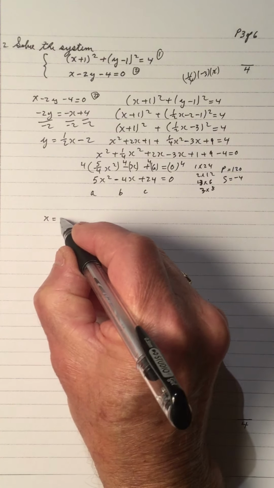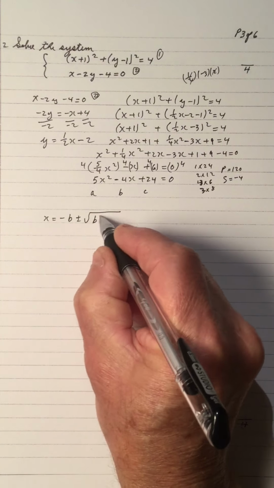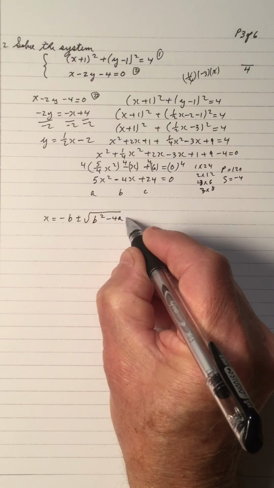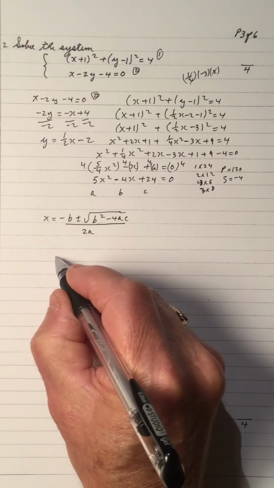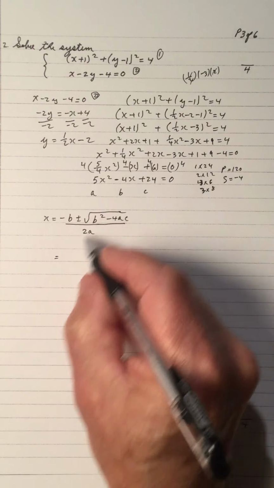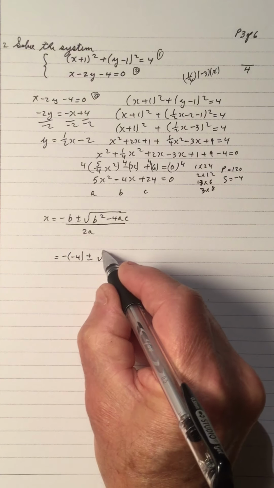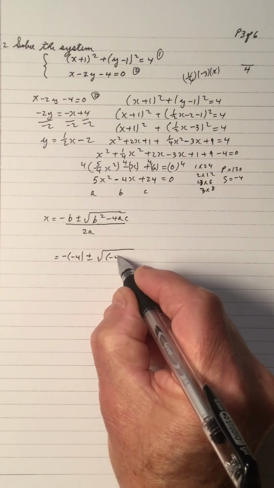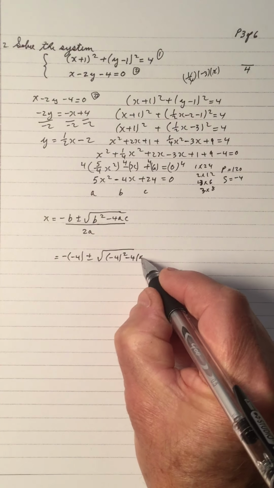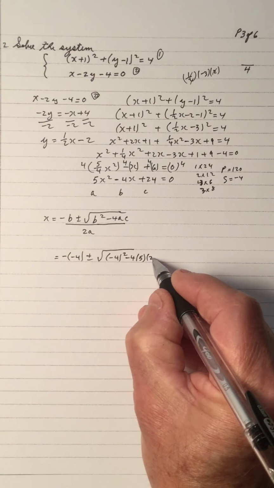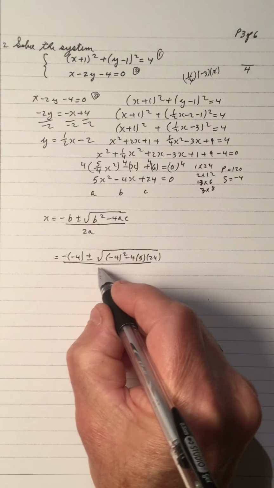So x equals negative b plus or minus the square root of b squared minus 4ac, all over 2a. So b is negative 4, so it's the negative of a negative 4, plus or minus the square root of b, which is negative 4 squared, minus 4 times a, which is 5, times c, which is 24, all over 2a.